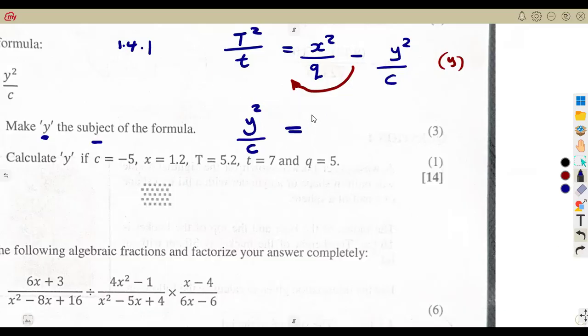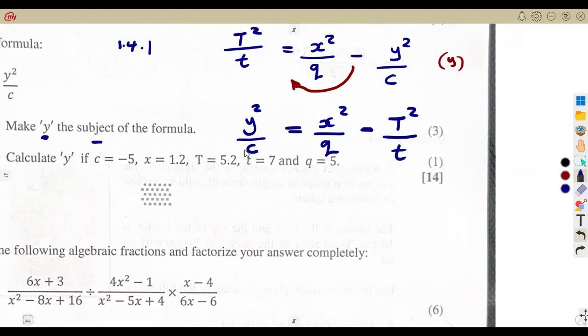This is equal to x squared over q, which we already have on the right-hand side. Remember we moved this to the left side, so we are going to take the t squared over t to the right side. So it will be negative t squared over t.